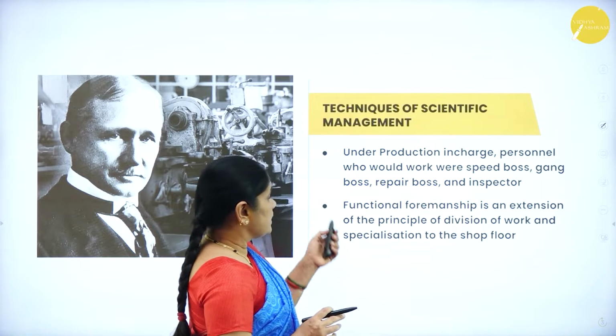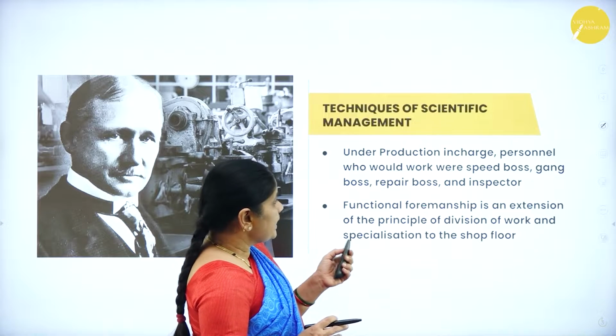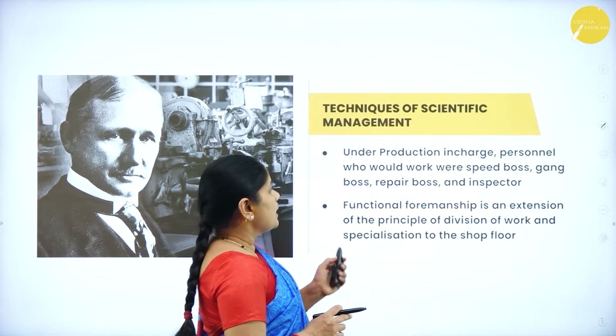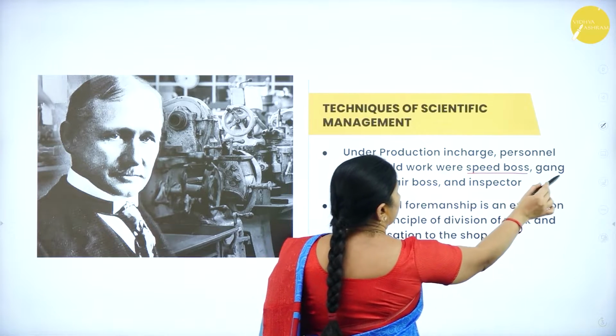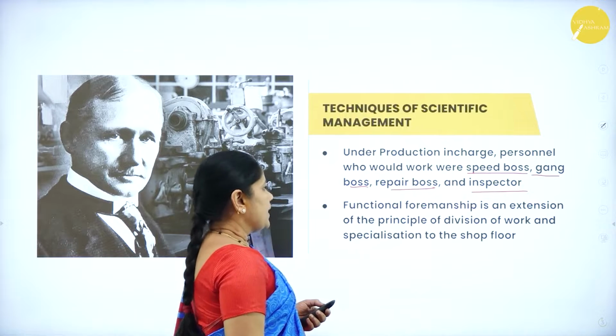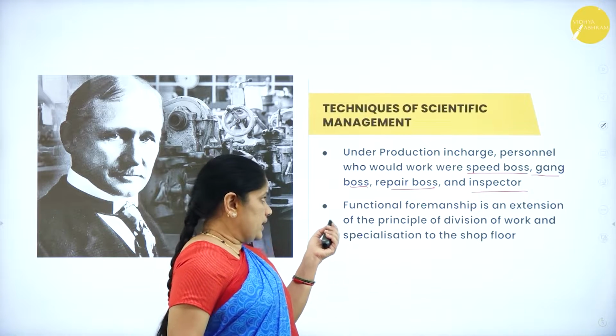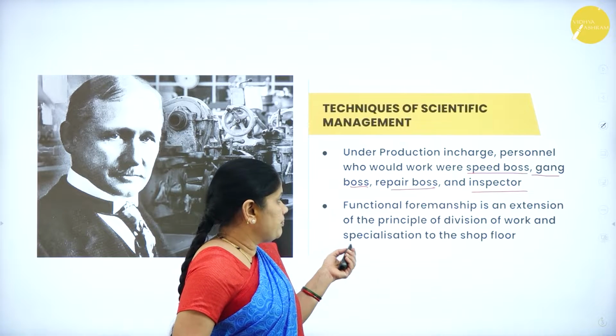Next, he also said that under the production in charge, there will again be 4 persons. Who are the 4 persons? There we have the speed boss, gang boss, repair boss, and the inspector. We will look into the various activities of these 4 people.